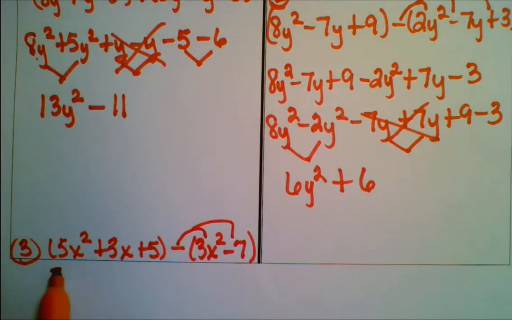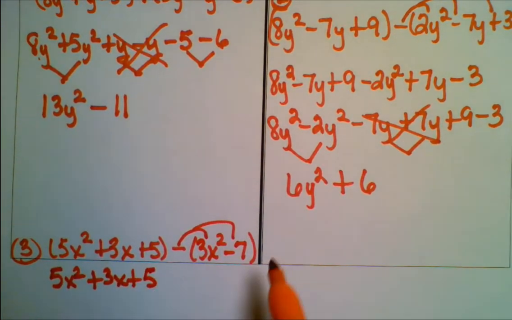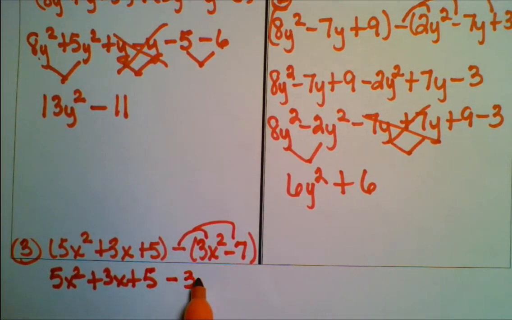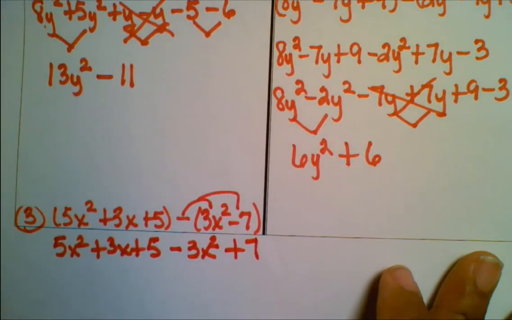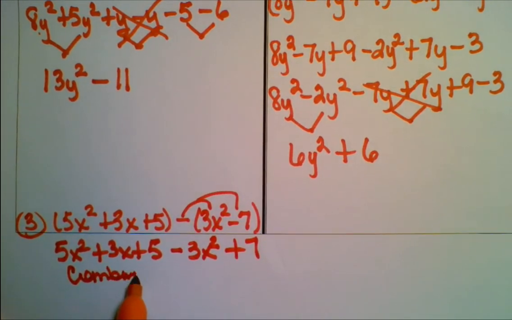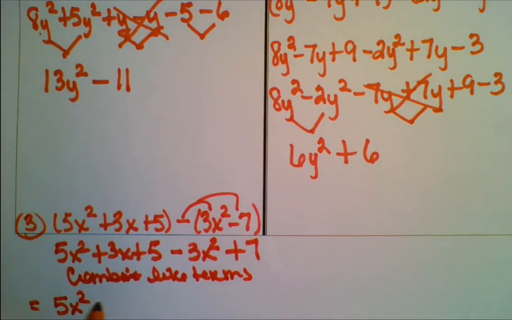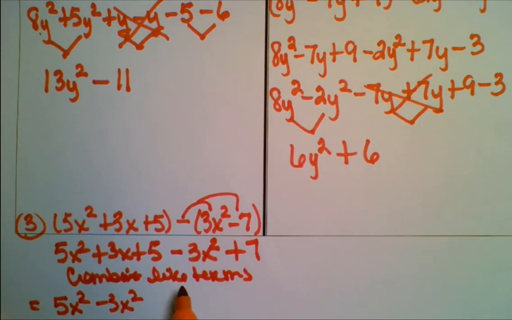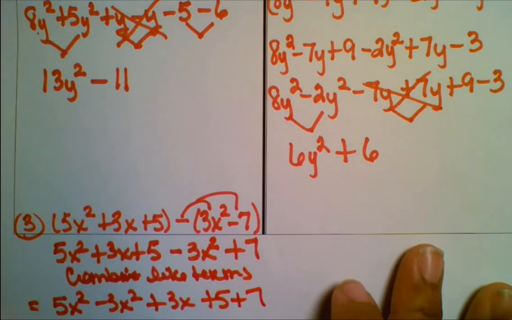Bring down the 5x squared plus 3x plus 5, and then we're going to have minus 3x squared plus 7. Then we're going to combine our like terms: our x squareds, our x, and then our real numbers.